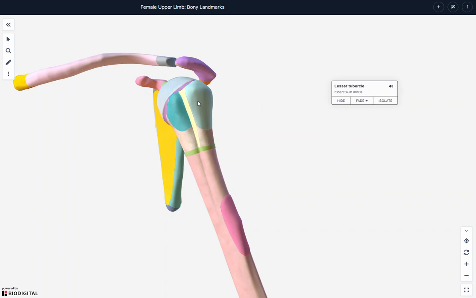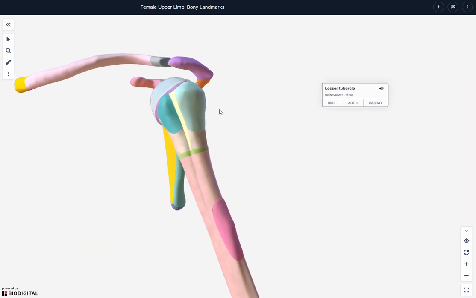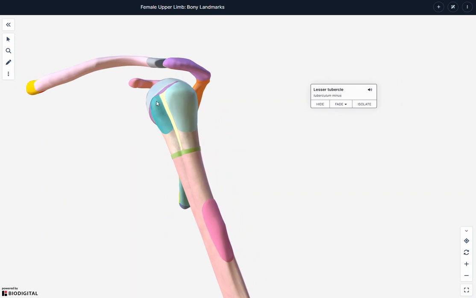Just now I rotated the arm in, bringing the thumb in towards the body, internal or medial rotation. In internal rotation, you notice the greater tubercle will start to turn medially as well. This is the greater tubercle, this is the lesser tubercle, this is the bicipital groove.